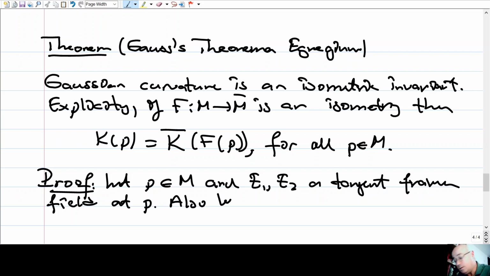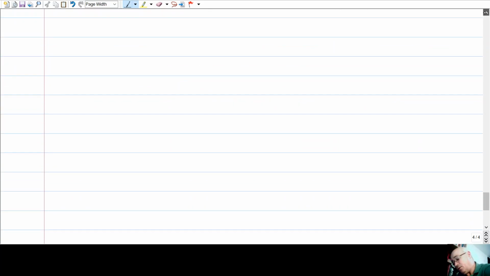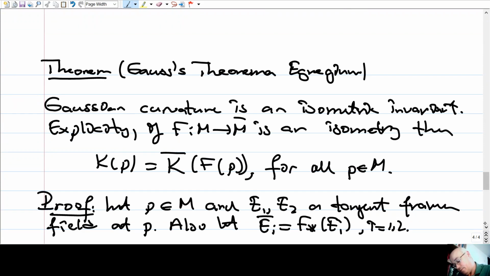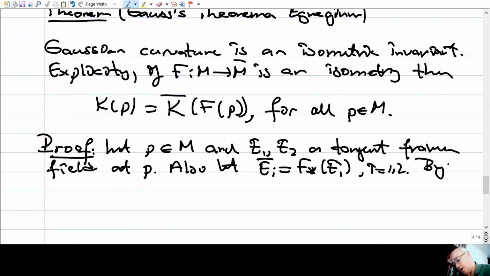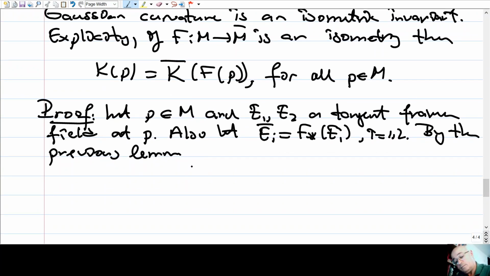Also let E_i bar be just F star of E_i as usual, i from 1 to 2. By the previous lemma, we have this: F star of omega 1 2 bar is omega 1 2.